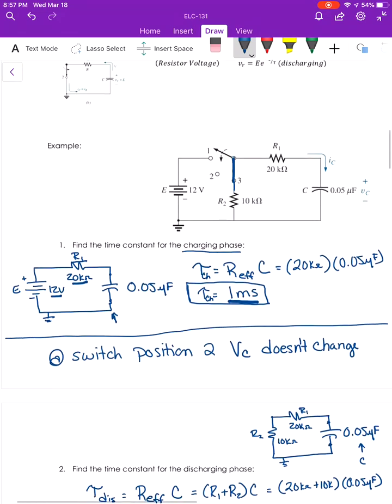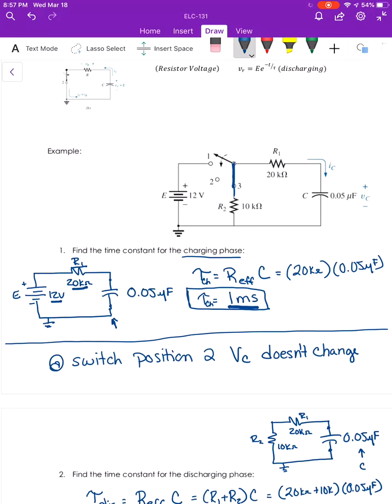When we move this switch to position 3, our capacitor is now going to look like a DC voltage source. We're going to give it a path to discharge that charge, and it's going to do that in 5 times tau, or 7.5 milliseconds. So it's not going to be a steady voltage source.